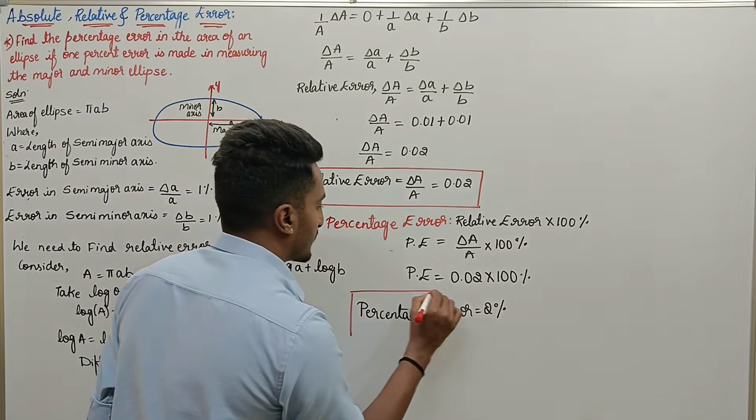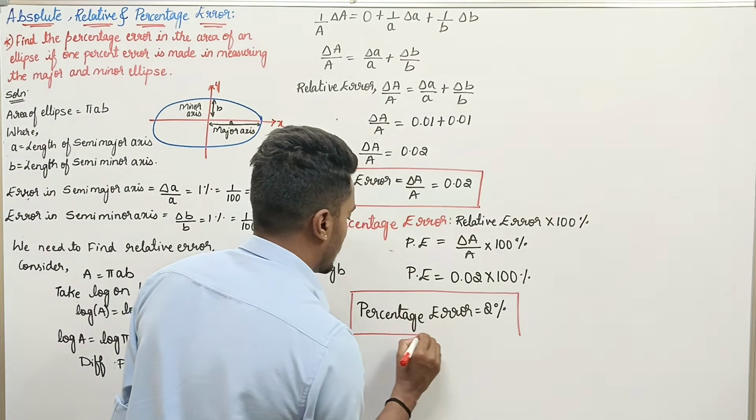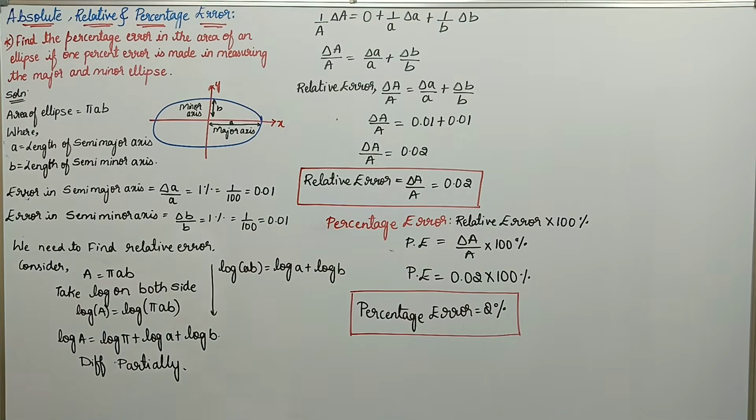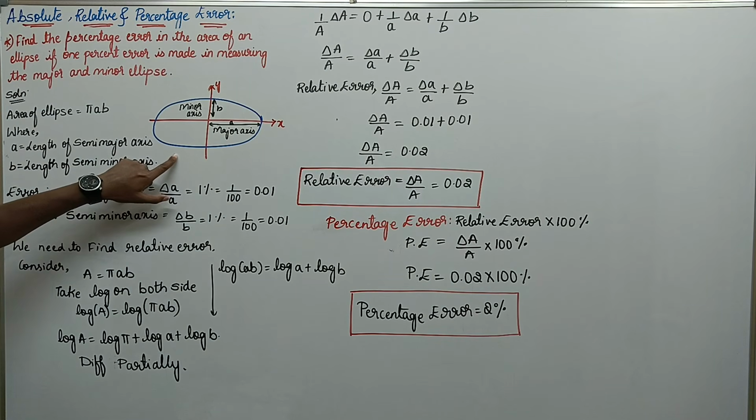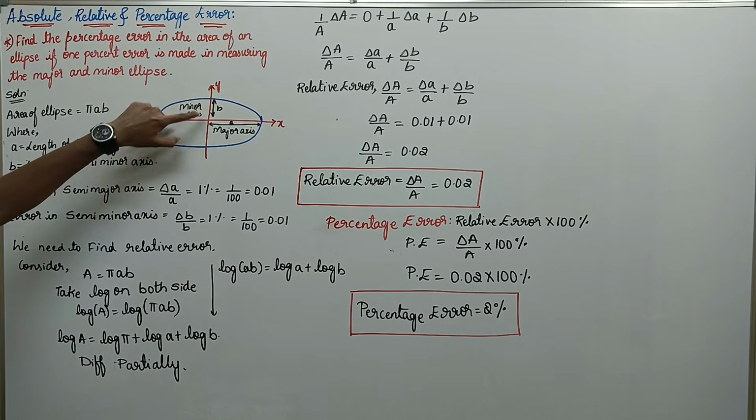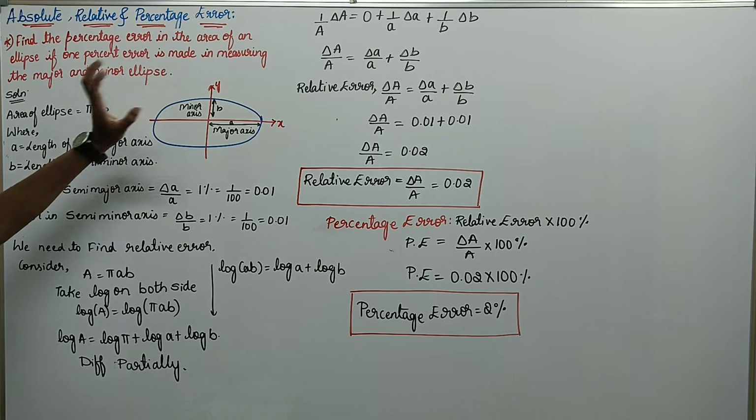This is the percentage error occurring in the area of the ellipse for the given semi major axis and semi minor axis. First, represent the area of the ellipse. The area of the ellipse is pi ab, where a represents the length of the semi major axis and b represents the length of the semi minor axis.